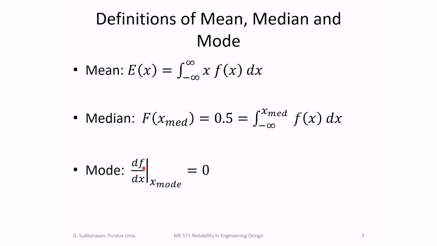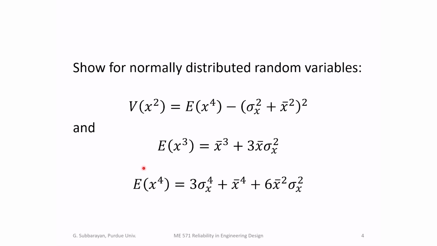So now I'm going to show you the formula for the variance of x squared and illustrate some basic issue governing variance of any quantity. So we see that variance of x squared depends on expected value of x to the power 4.